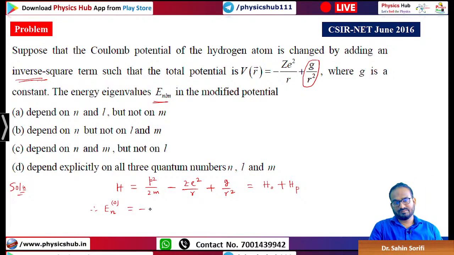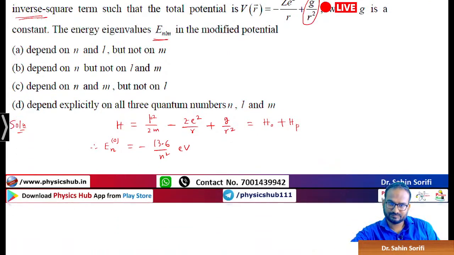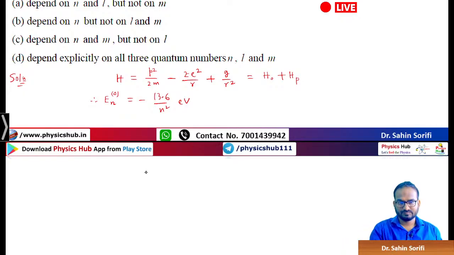This is equal to minus 13.6 by n square electron volt. Now this En of 0 is coming from the unperturbed Hamiltonian. From the perturbed Hamiltonian you will get the correction. The correction is given by En of 1.